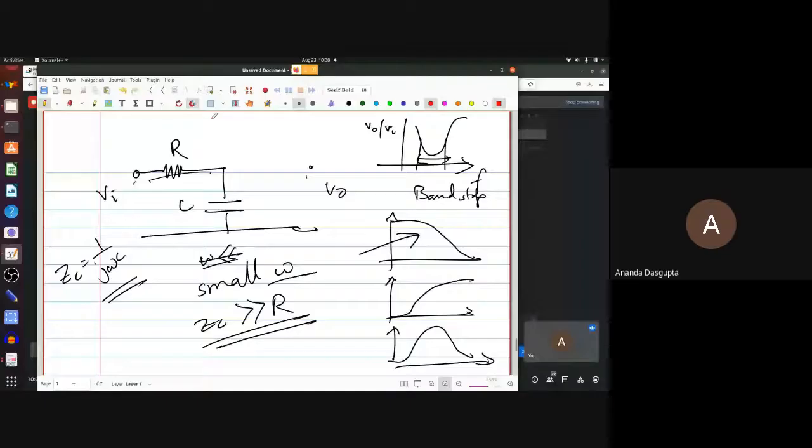I'm just asking you to guess. If I were to draw the output versus input for this circuit using red, will it look like this, or will it look like this compared to the other one?